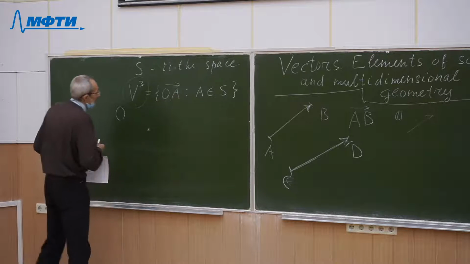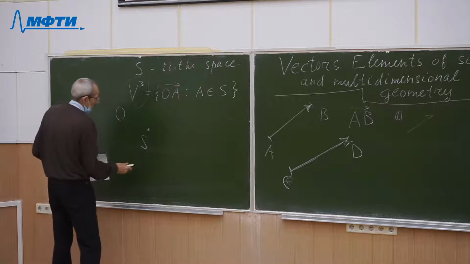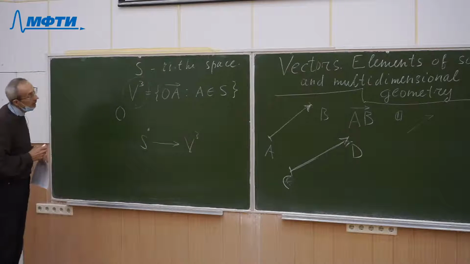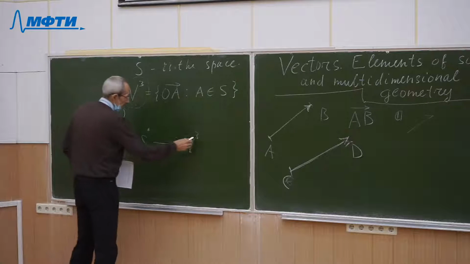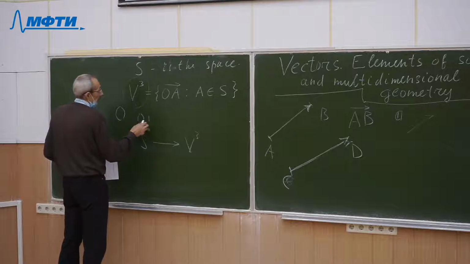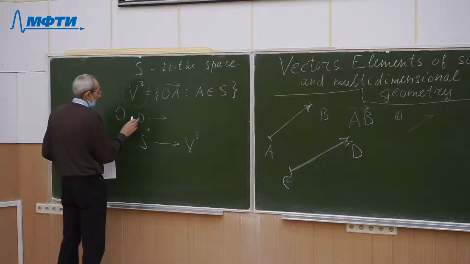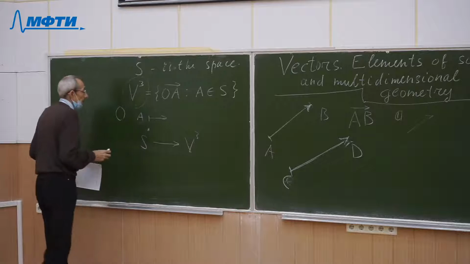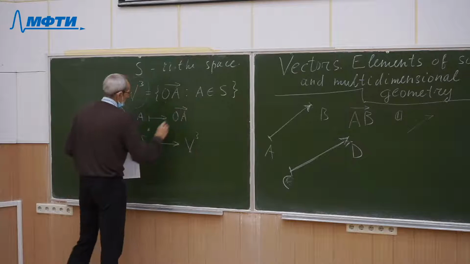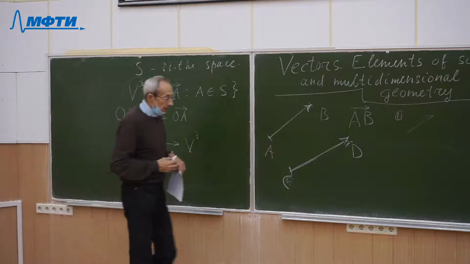We have a bijection between the space S and the space of such vectors V up 3. This bijection is defined by the following correspondence: to point A corresponds the vector OA. It is easy to see that this correspondence is a bijection.